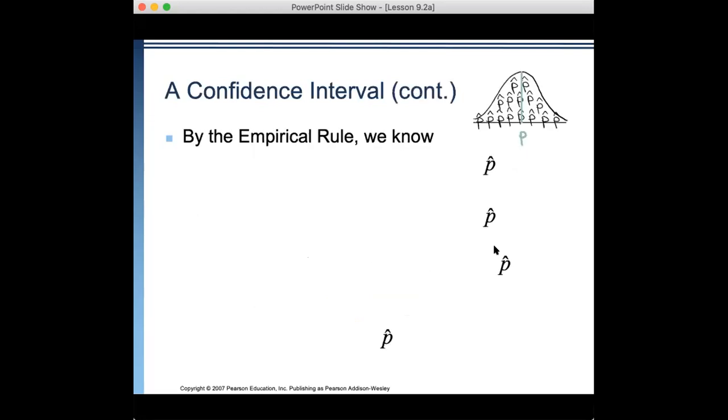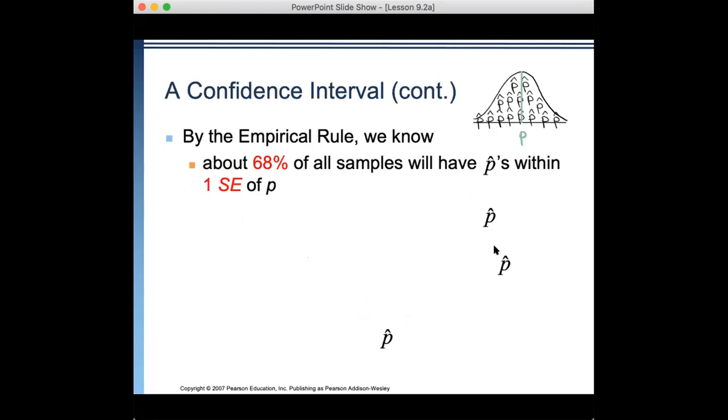So let's go way back to the empirical rule real quick. The empirical rule with the sampling distribution of all these p hats, which I drew so beautifully up here in the top right hand corner, a bunch of p hats. Combine that with the empirical rule, we know that if we step out one standard error away from that center, 68% of all these p hats will be within one up and down from that middle.